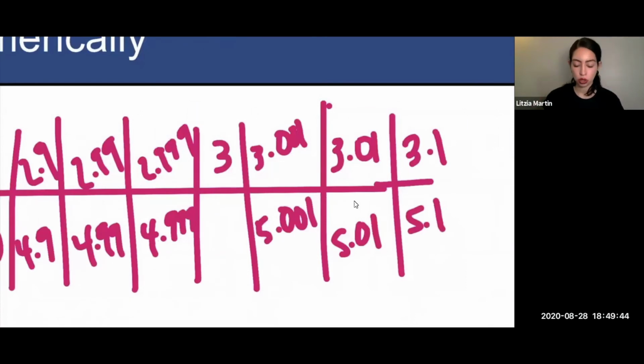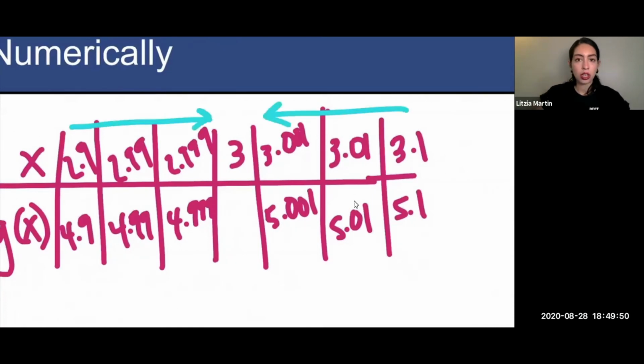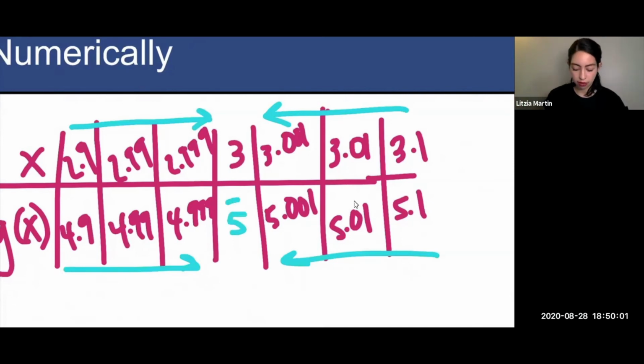And so what do we notice? As the x values are getting closer and closer to 3, there's a pattern with the y values. Those y values are getting closer and closer to 5.